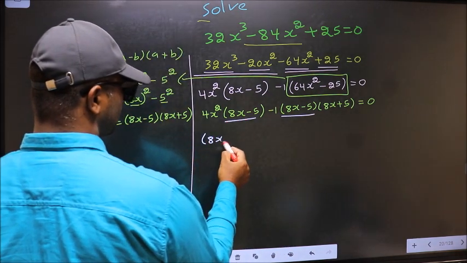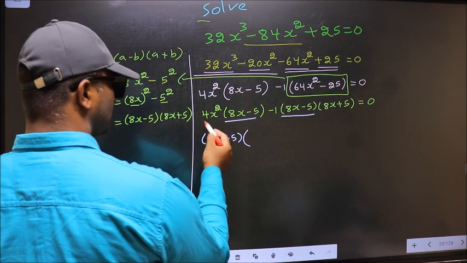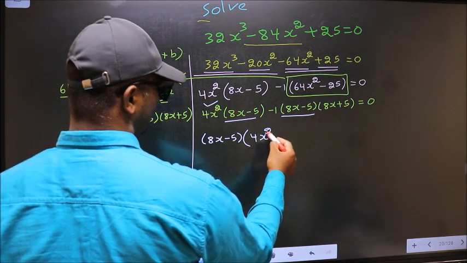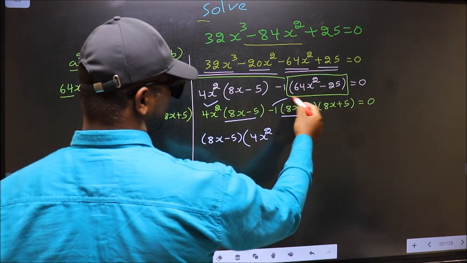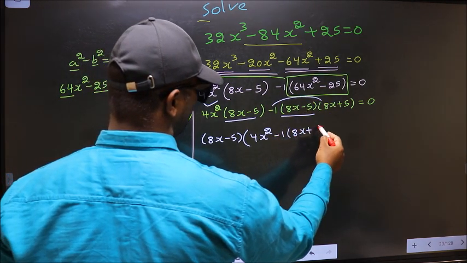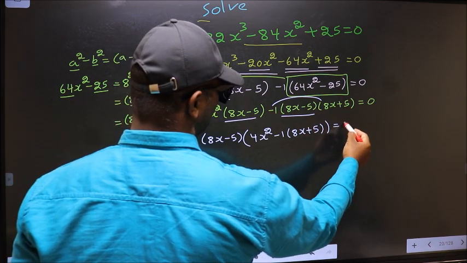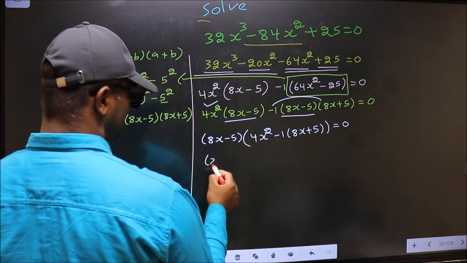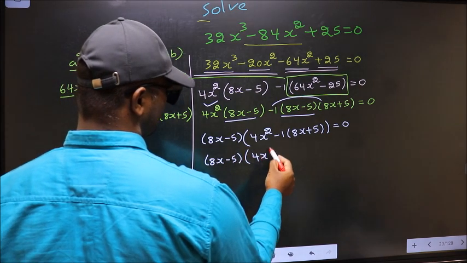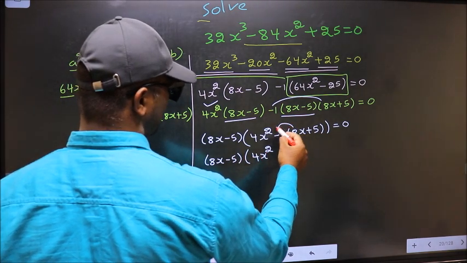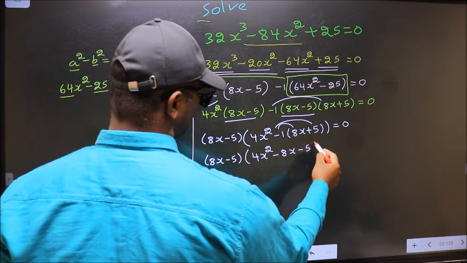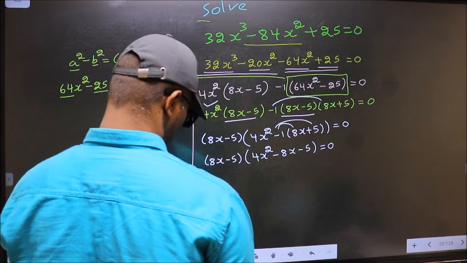So 8x minus 5 outside. Here we are left with 4x square and here we are left with these two, that is minus 1 times 8x plus 5 equal to 0. So 8x minus 5, 4x square. Now you open up the brackets, you get minus 8x minus 5 equal to 0.